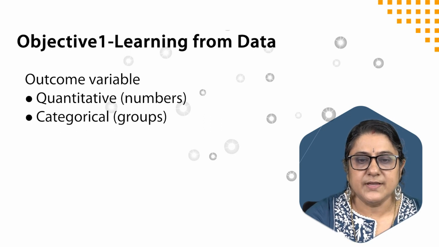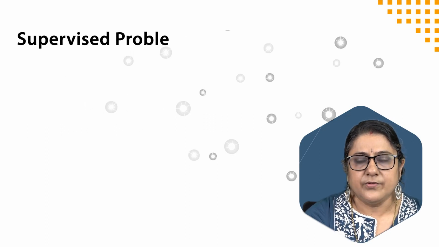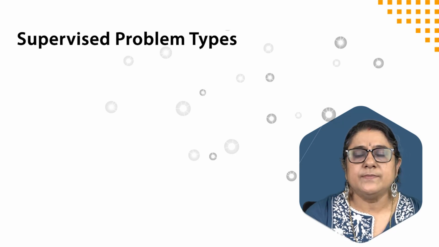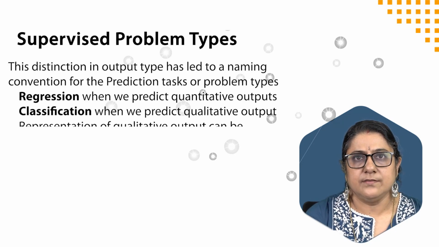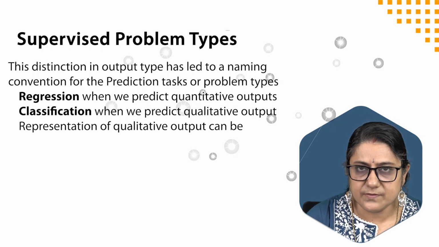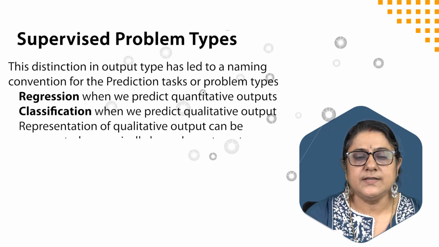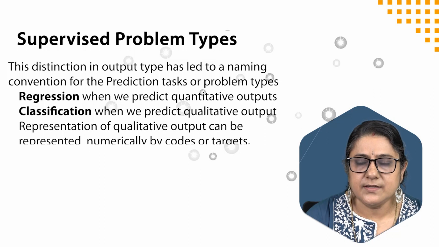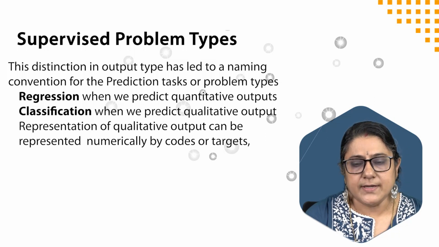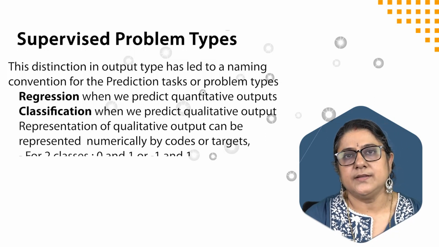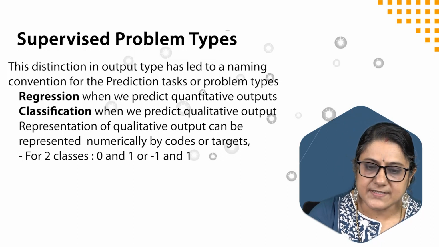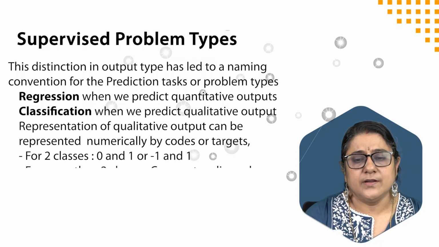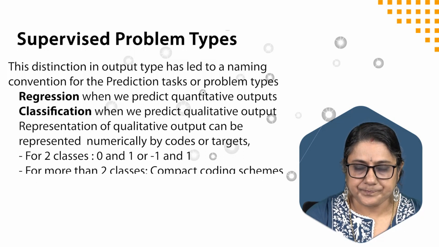So let us see some examples later for this supervised learning. Two types of tasks can be accomplished using the supervised type of machine learning. One is called regression, where we predict a quantitative output. Another task is classification, where we predict a qualitative output.